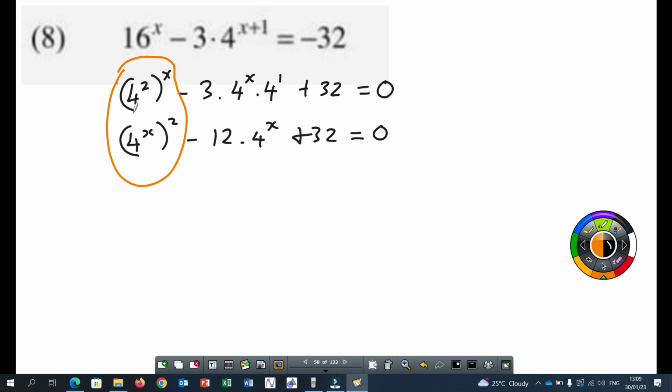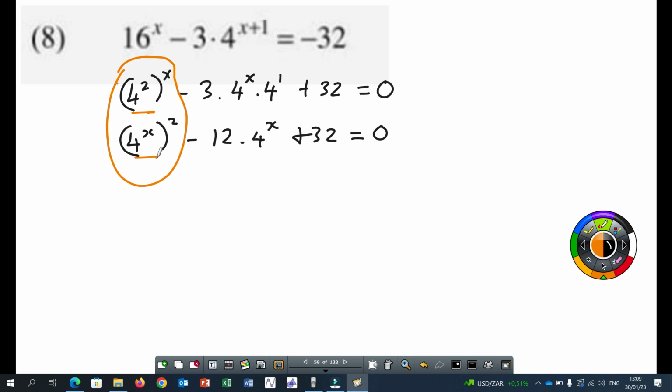For this one here, the 2 is inside brackets. For this one, the 2 is outside the bracket. I have swapped the 2 and the x. That's based on one of the exponential laws. The reason why I move from here to there is because I want to create a quadratic equation.